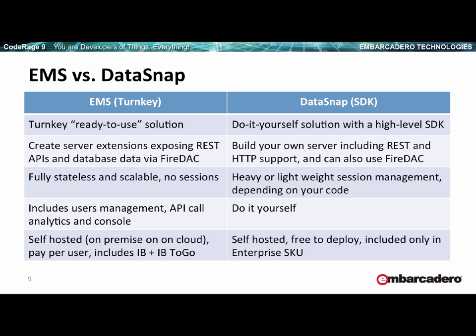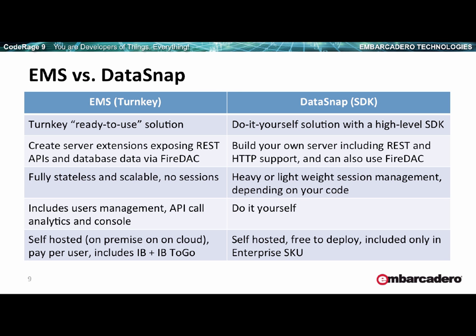EMS includes the user management, the API call analytics, and the console. Again, with DataSnap, these are things that you would have to build on your own. And similarly, they both are self-hosted solutions. In other words, neither of these are living on the cloud that we, Embarcadero, provide a service for you to subscribe to. Rather, you deploy it on premise or within your private cloud to integrate it into your existing systems.